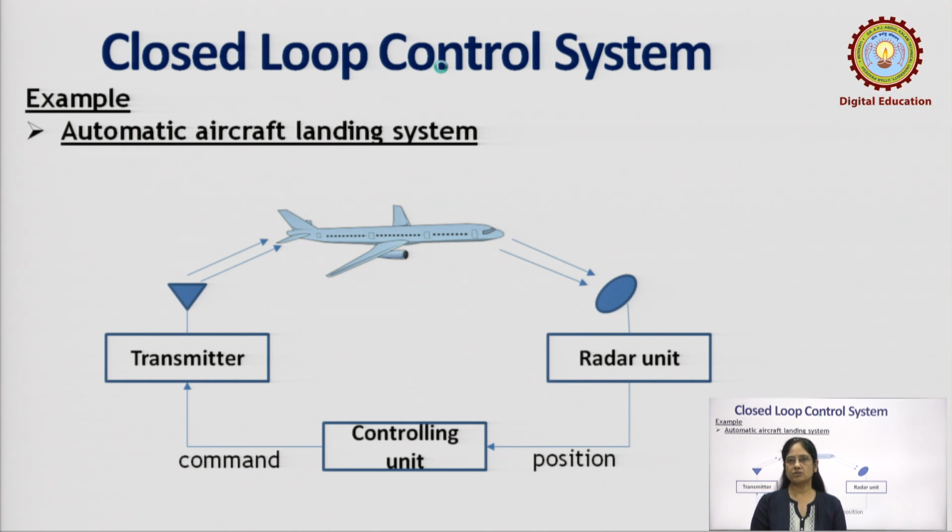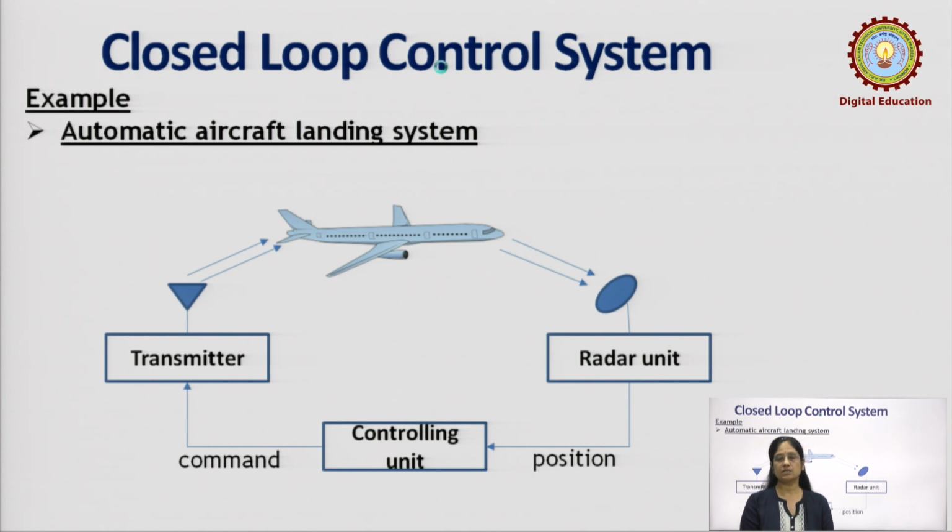Then the command which is required is sent to the transmitter, and this transmitter sends the signal back to the autopilot in the aircraft, and the response is thus the landing of the aircraft. Now, if there is no feedback signal about the position of the aircraft, then the aircraft will land and that becomes an open loop control system, but that is not possible for an automatic aircraft landing system.